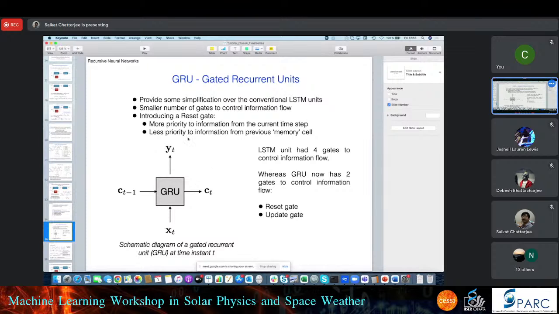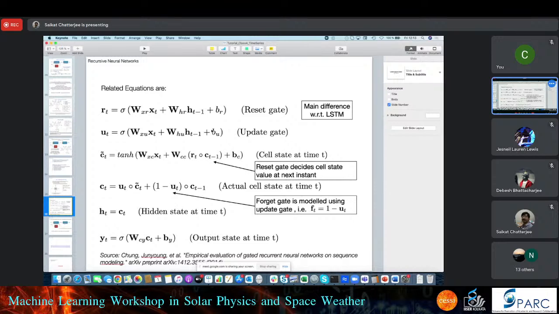So this is the schematic diagram of GRU. Yt is still the output you want. You have an xt, and then you have ct as the internal state, which of course depends upon ct minus 1 and xt. I'm just showing you the equations. The main difference with the LSTM is that now we have these 2 gates, the reset gate and the update gate. All other gates do not exist.